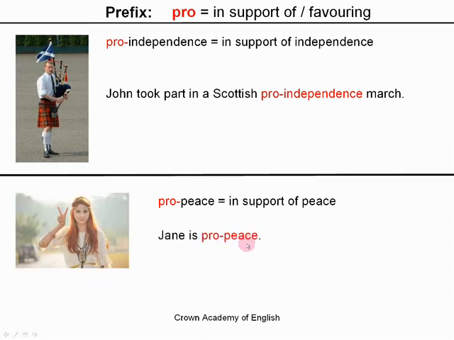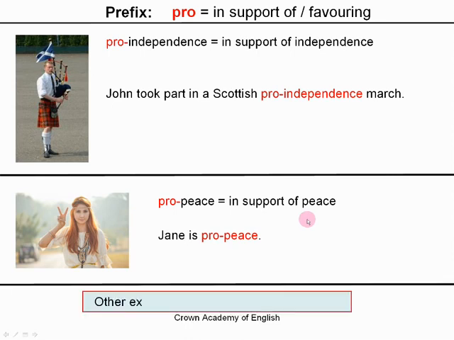Jane is pro-peace. Other examples: pro-choice, pro-democracy. And we can see often with the prefix pro, very often there is the hyphen. The hyphen here, and here, and here, and here. Okay, so don't forget the hyphen.